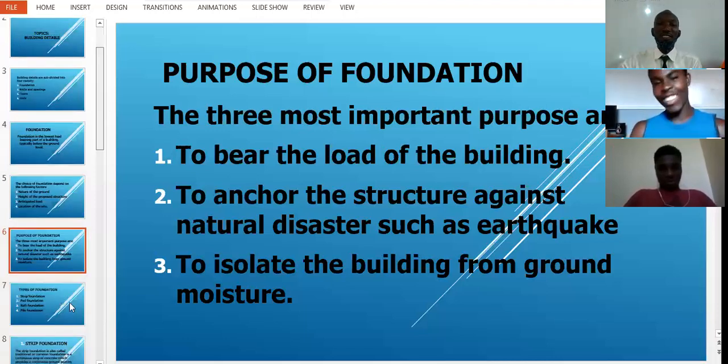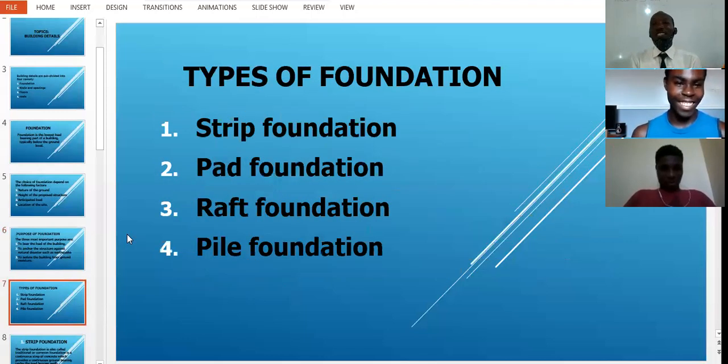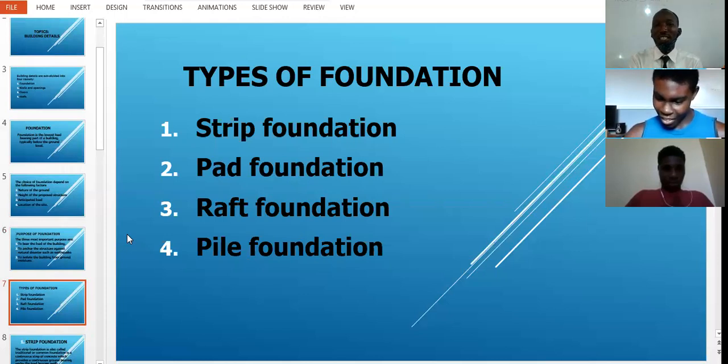All right. Types of foundation. Number one is strip foundation. We have 4 types of foundation here.